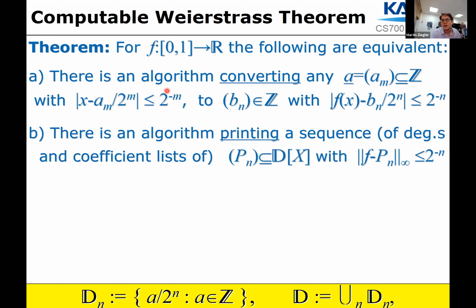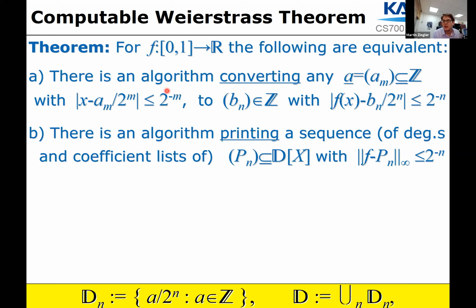characterization where a function is considered as a static object, namely something that kind of lives in the Cartesian product space of domain and codomain and is to be approximated by a sequence from a dense countable subset.